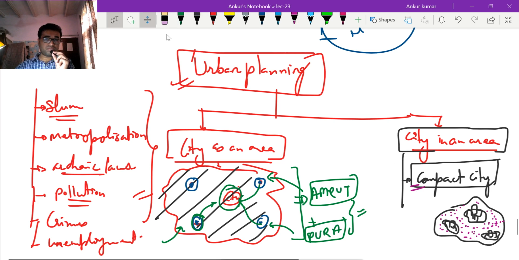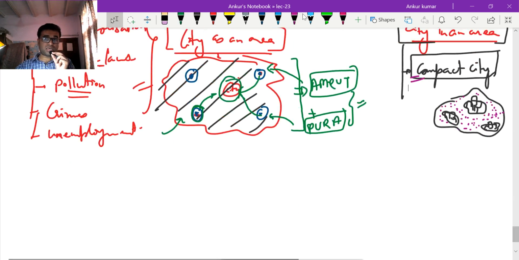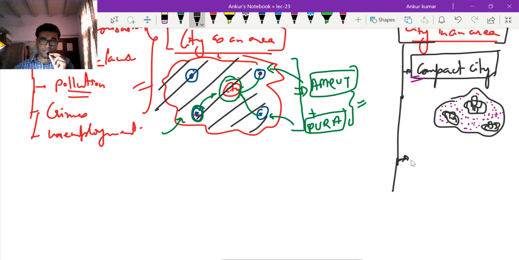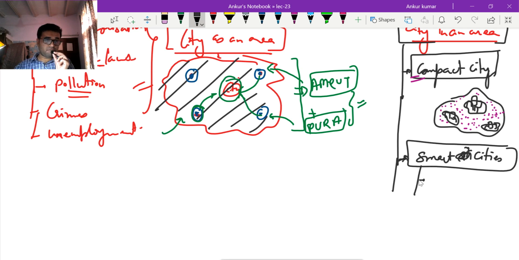The other method, which India is currently doing, is the smart cities. Now in this, you have a city, and the services which you provide to the people in those smart cities, you make available to them at the smallest cost, in the minimum time, at a reasonable cost.